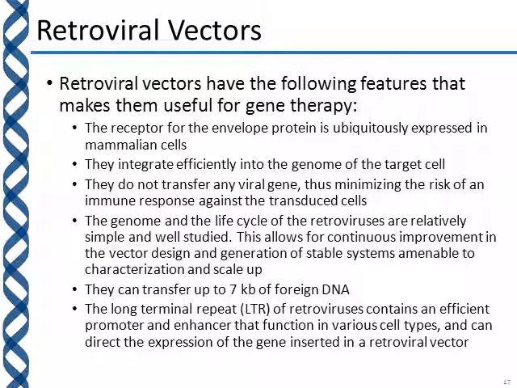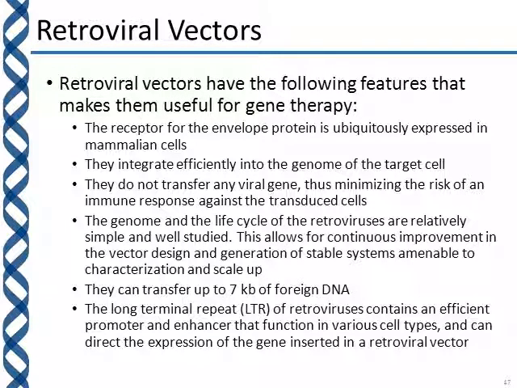Retroviral vectors have the following features that make them useful for gene therapy. The receptor for the envelope virus is ubiquitously expressed in mammalian cells. They integrate efficiently into the genome of the target cell.